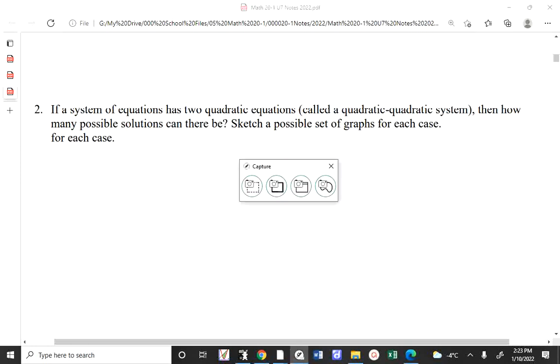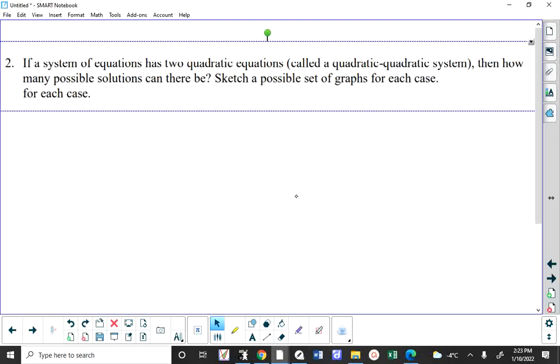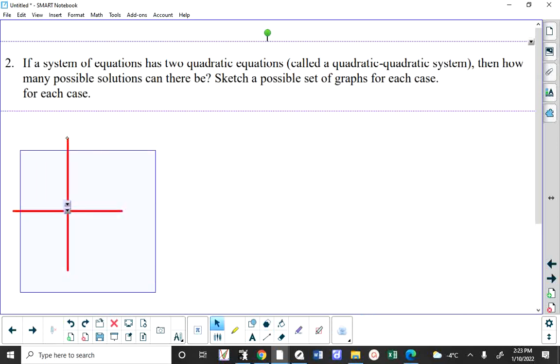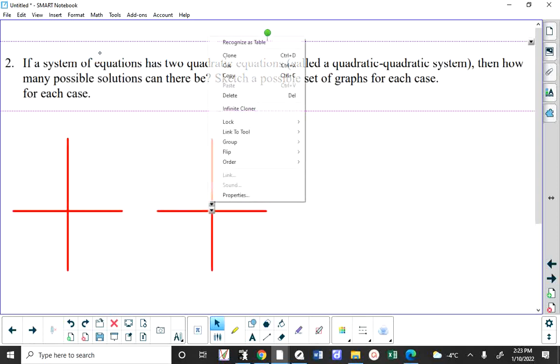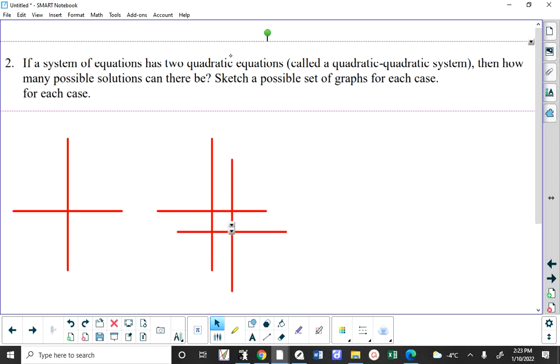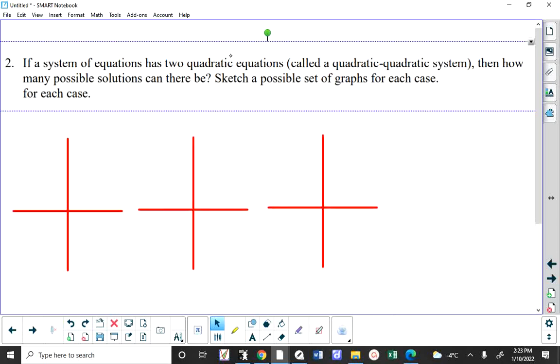So while I am setting up some grids, you think about it. And I guess given that I'm drawing 3 grids, tells you that there's 3 different answers for sure. Let's start with 0.